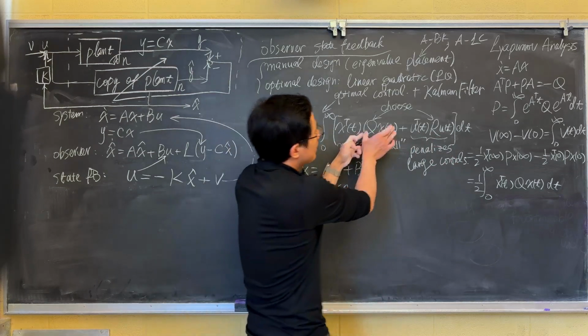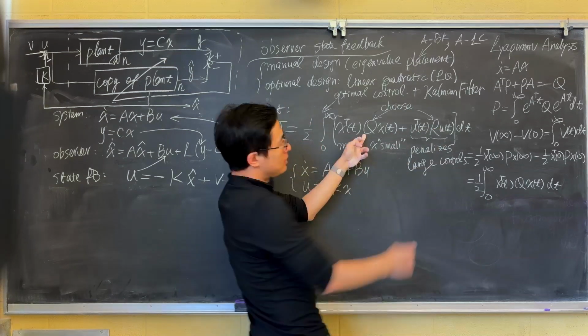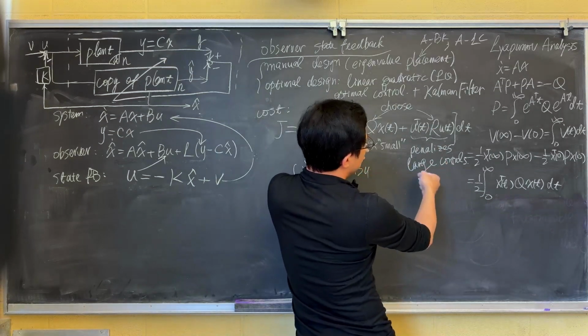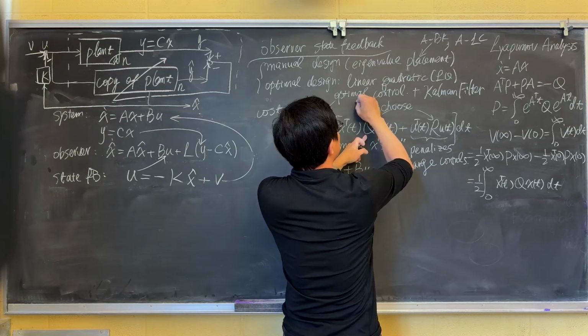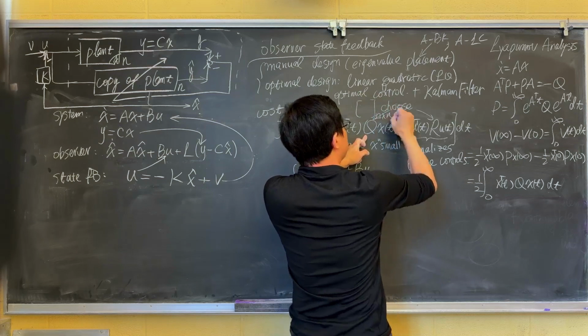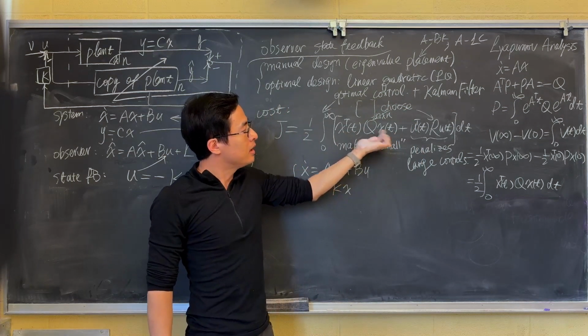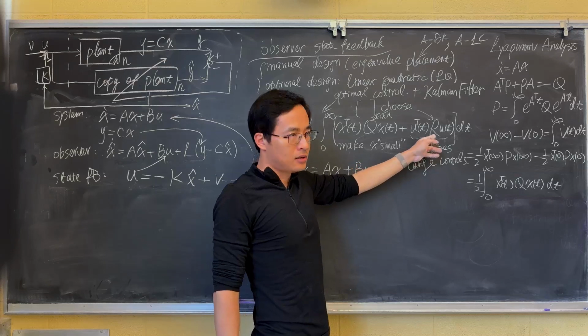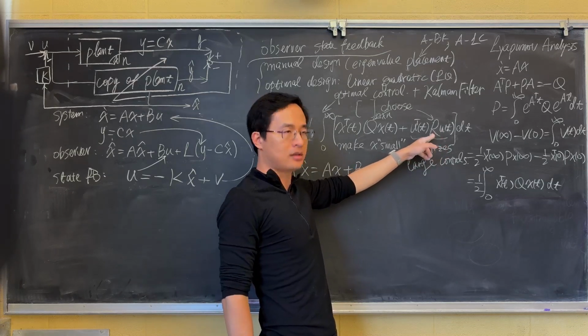And then Q and R, these are matrices. For Q, this is an n by n matrix to match the dimension of the state. And then R matches the dimension of the input. If it's single input, then R is a scalar.